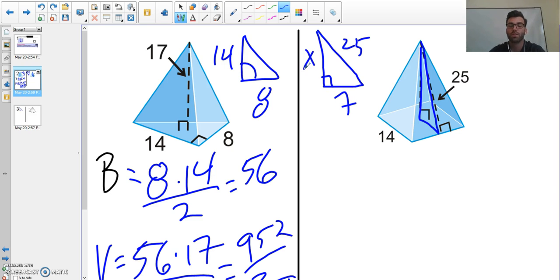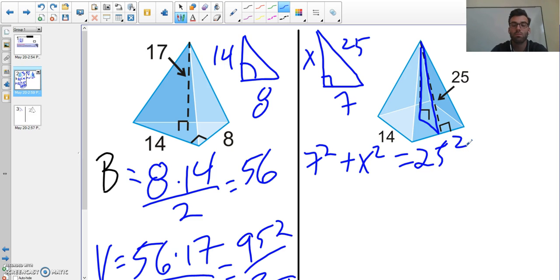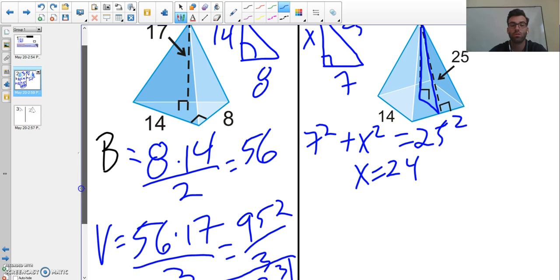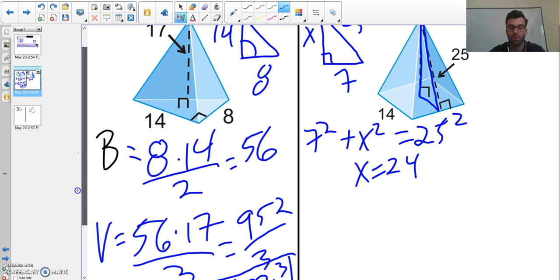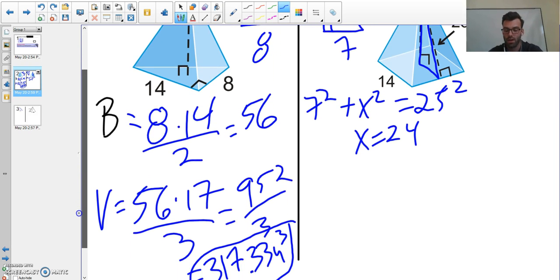So this is a Pythagorean triple. If you don't know your triples, you can always just do 7 squared plus x squared equals 25 squared, but you should get x to be 24.